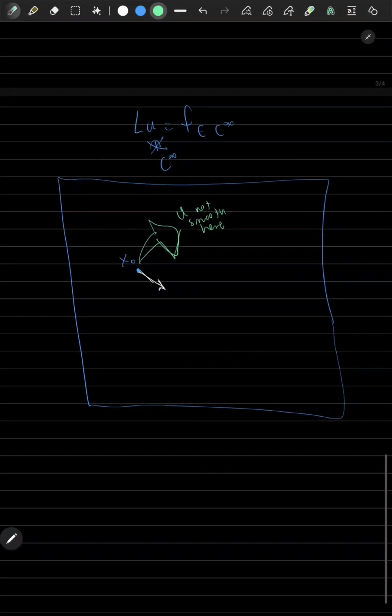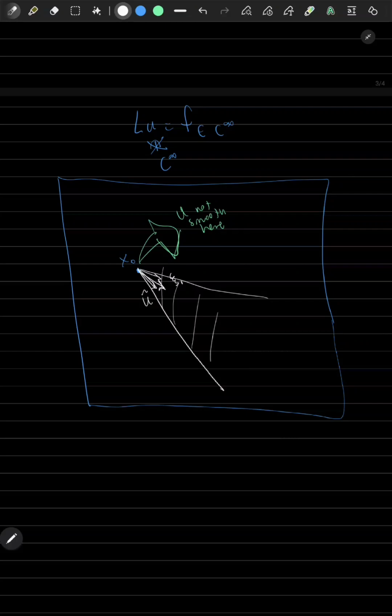So what we can do here is take the Fourier transform along different directions of this domain. So let's say this is the direction xi1, and we'll take the Fourier transform of U here, and we'll see how fast it decays. And in fact, we can see how fast it decays in an open cone around xi1. So we can check how fast U decays in an open cone around this direction.